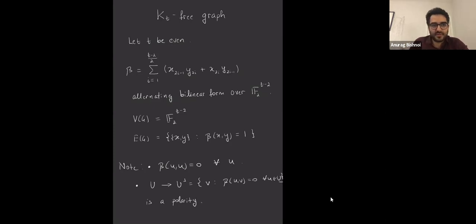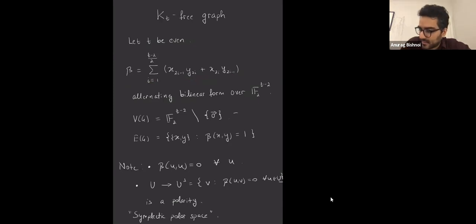In fact, if you remember the lecture on polar spaces, then what we really have here is the symplectic polar space. But it's okay if you don't remember. Just very concretely, we have this bilinear form, this function. And now our vertex set is just all the vectors, so the full vector space, though I guess for convenience, let me ignore the 0 vector.